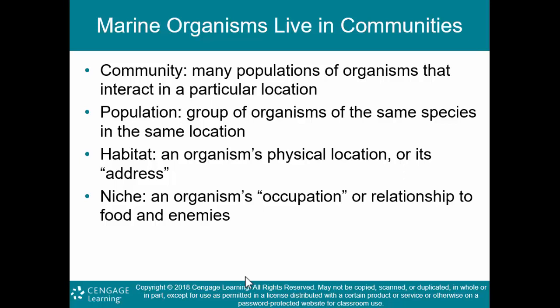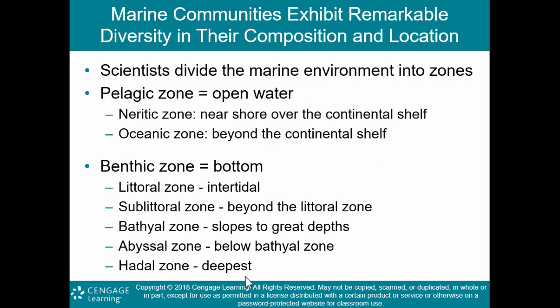And then a niche is an organism's occupation. What does it do in that community? It's considered its relationship to its food, it eats it, and also its enemies. It gets eaten by its enemies. Those are the basic definitions: community, population, habitat, and niche, that you need to have a solid understanding of as we consume this material.